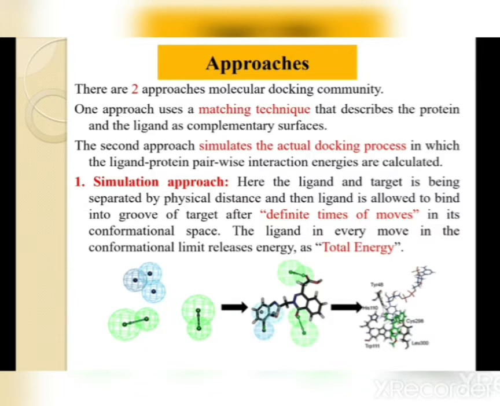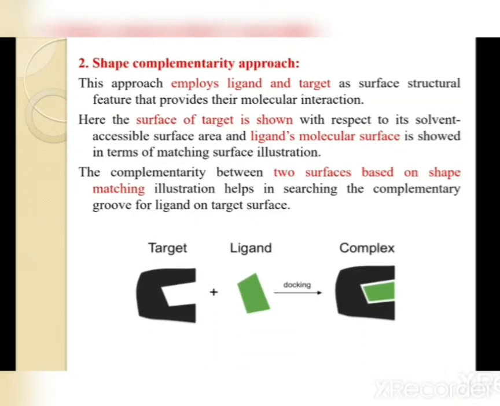Then when their activation energy activates them, they come together and form the complex. That energy is known as the total energy. Next is the shape complementarity approach. Here the ligand and the target have shape specificity. According to that, they bind with each other and form a complex.